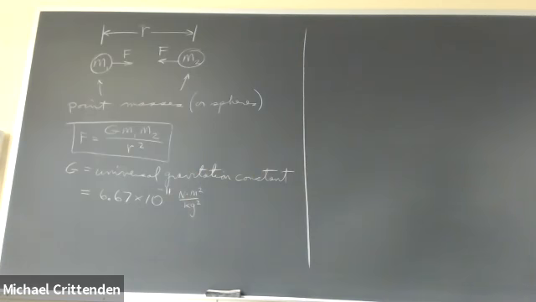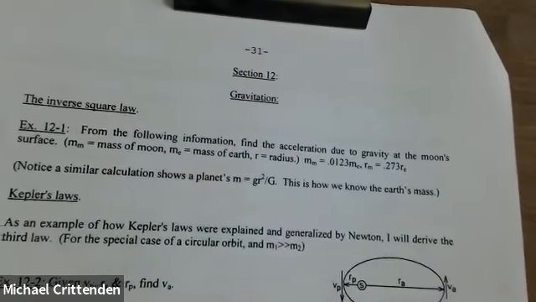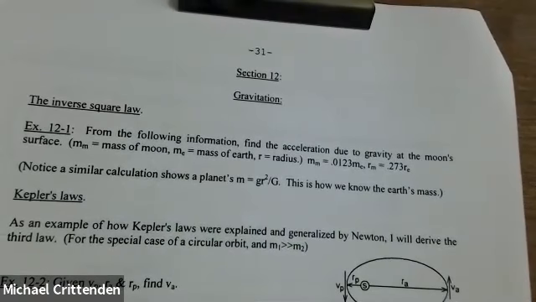So it's time for a short example. Well, it's not that short, I suppose. Section 12, problem 1. From the following information, find the acceleration due to gravity at the moon's surface. Something that was known a long, long time before anybody actually went up there and dropped something to see how fast it fell.